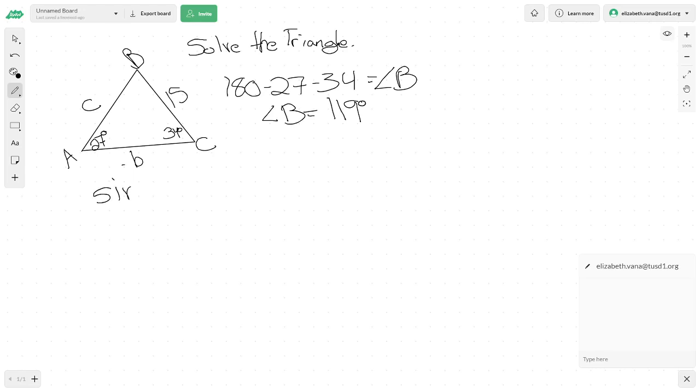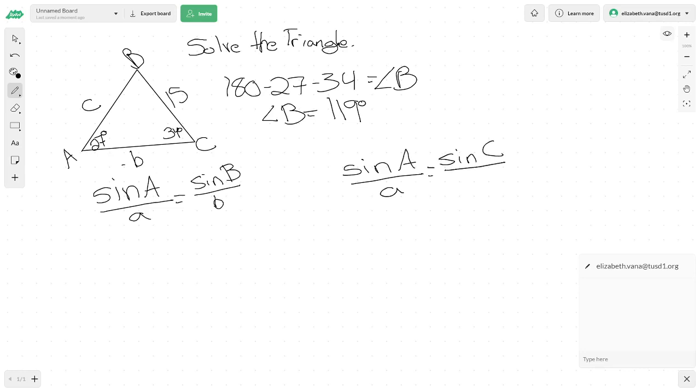We have sine of A over A equals sine of B over B. And we can also set it up over here, sine of C over C. Right, so for both of these equations here, we have all the information except for one piece. So we're going to use that to solve for side B and side C.